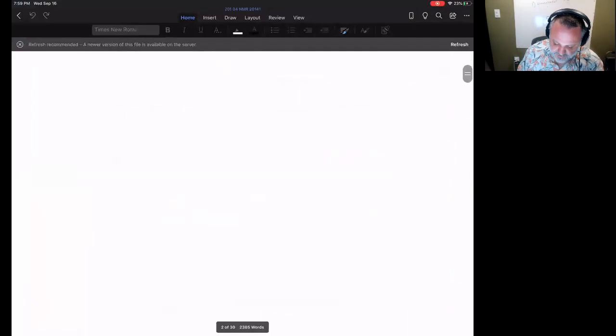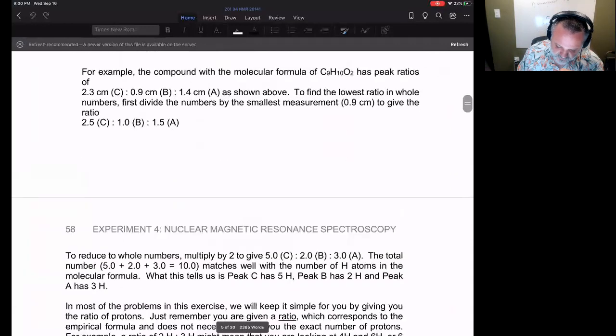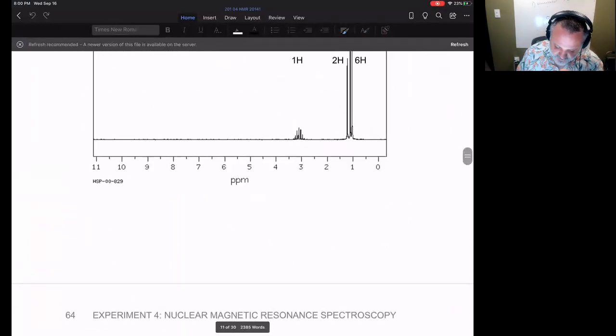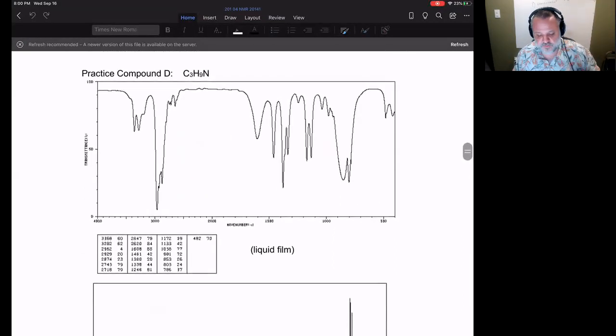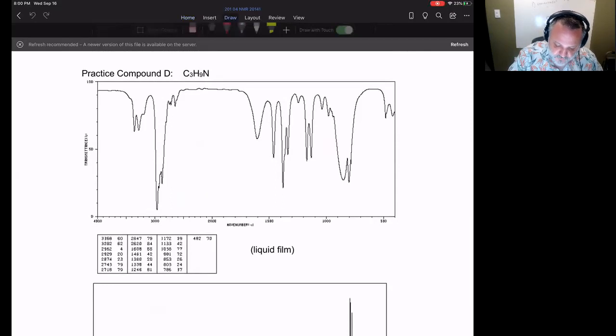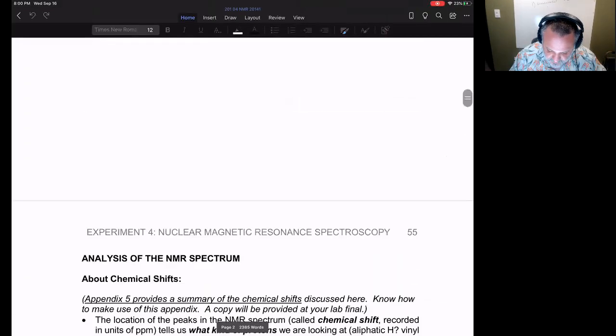So I'm looking in this lab manual, and I'm trying to put it all together. This is the NMR lab that's in the lab manual, and I want to start with this one. So let's try to put everything together. The first thing, remember, is to calculate the index of hydrogen deficiency.